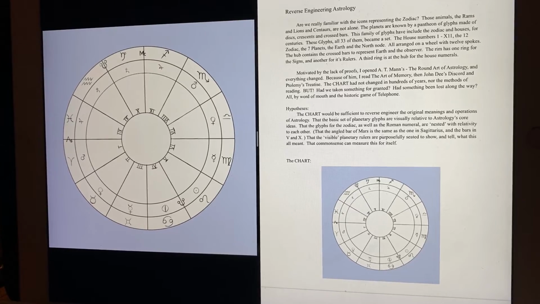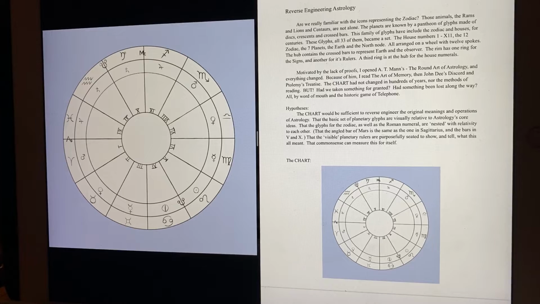Are we really familiar with the icons representing the Zodiac? Those animals, the rams and lions and centaurs, are not alone. The planets are known by a pantheon of glyphs made of discs, crescents, and crossbars. The familiar glyphs have included the zodiac and houses for centuries.